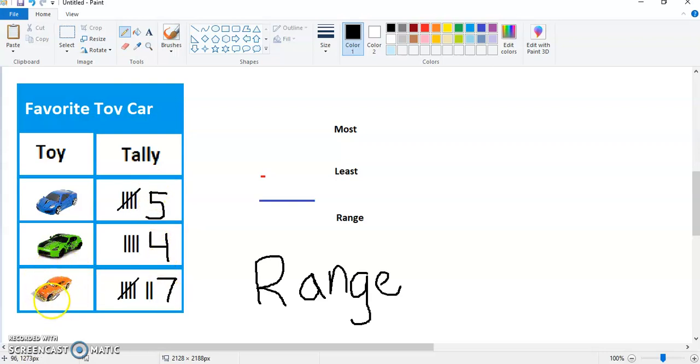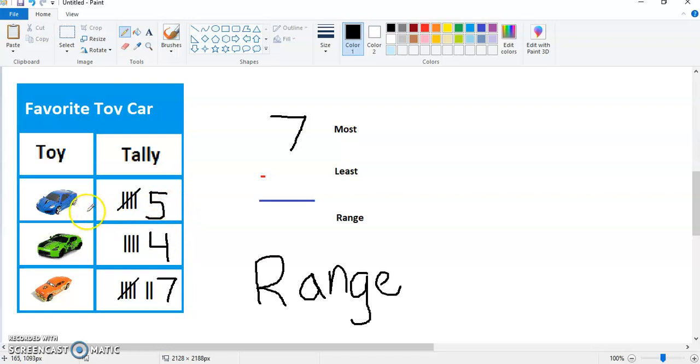The orange car is the most favorite car. The number is 7. Okay, so we're going to write that next to the word most. 7. Across the top and down from heaven, that is how we make a 7. And then to find how many numbers in between, we have to subtract, take away, minus the smallest number.